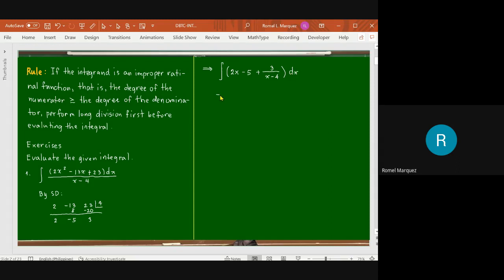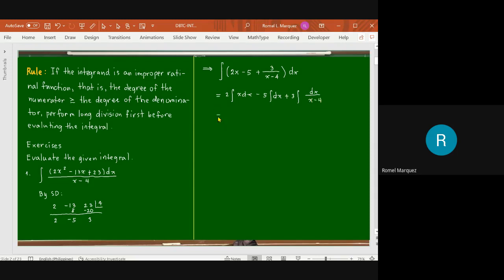We can apply term by term integration. For the first term, I can write 2 integral of x dx minus 5 times integral of dx, plus 3 integral of dx over x minus 4.